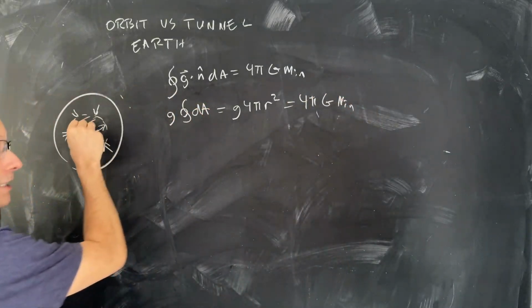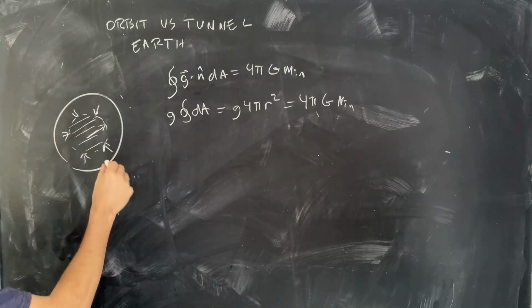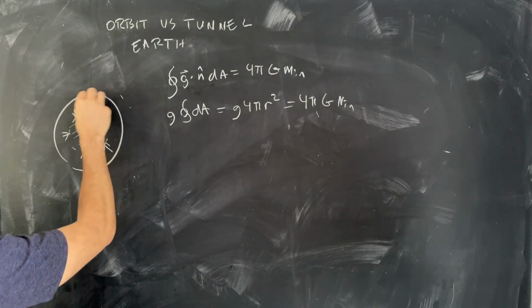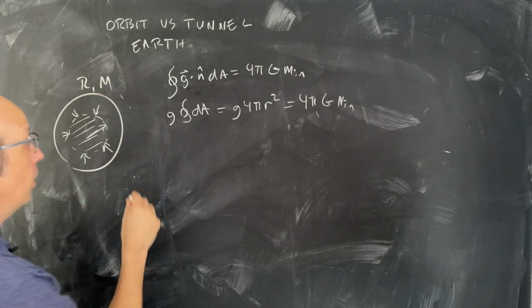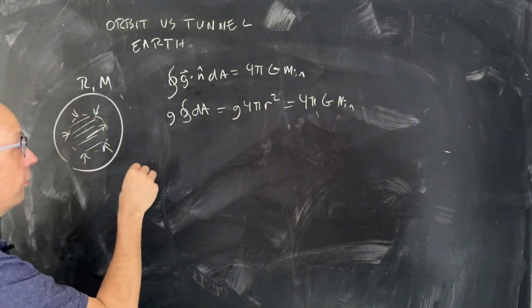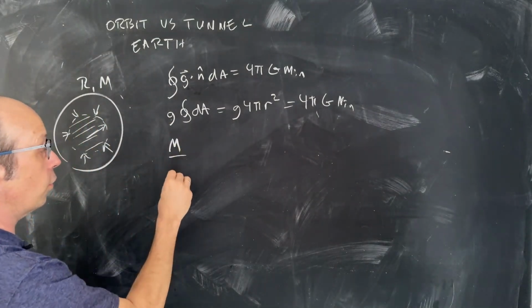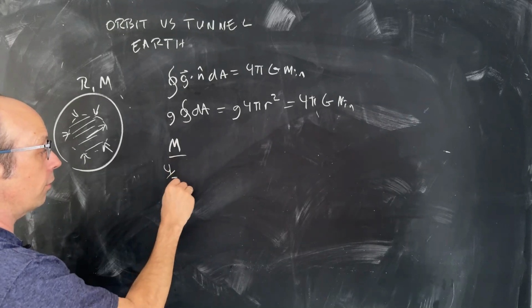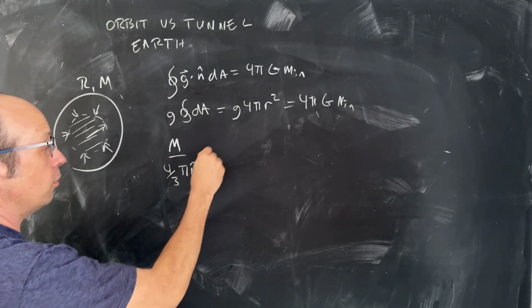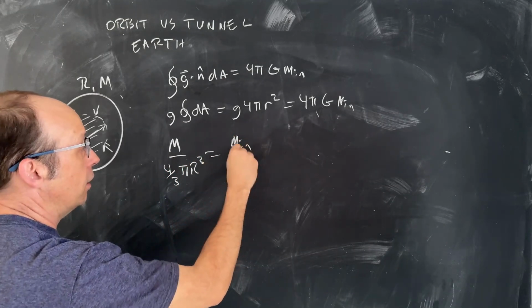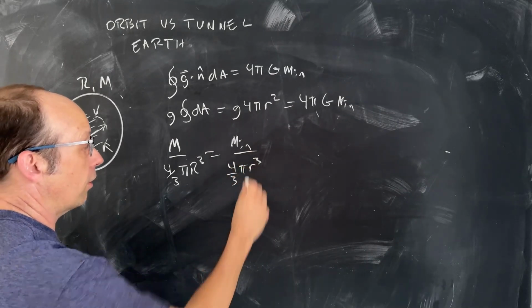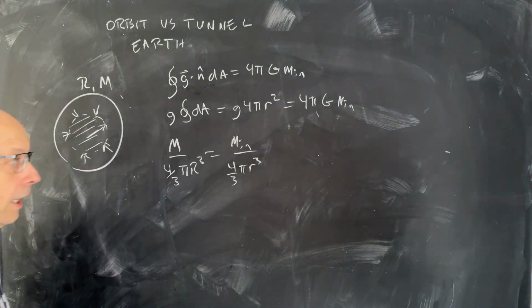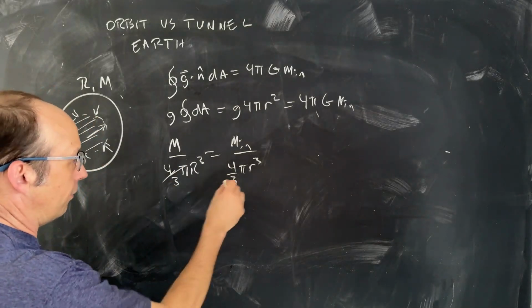So the mass inside is a ratio of the total mass to the total volume. Here's my radius R, mass M. So I can say the total mass M over the total volume, 4/3 pi R cubed, is the mass in divided by the volume of the interior, r cubed. Okay, so that cancels.